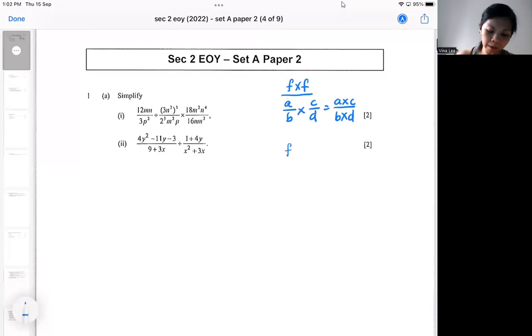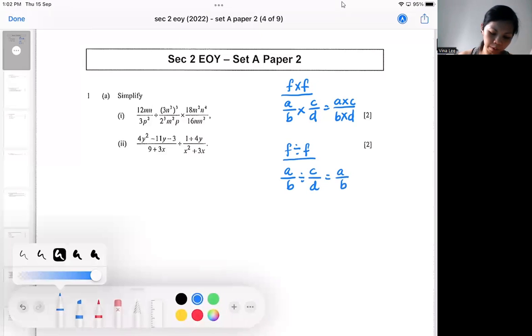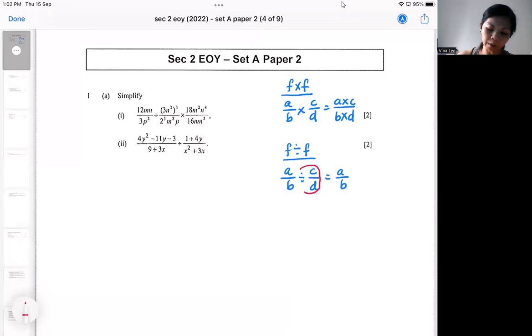For the part that is under divide, if we have a divide, generally we will flip. So there is a reciprocal. We'll take the reciprocal of the fraction after the divide sign. That will be the basic idea first.